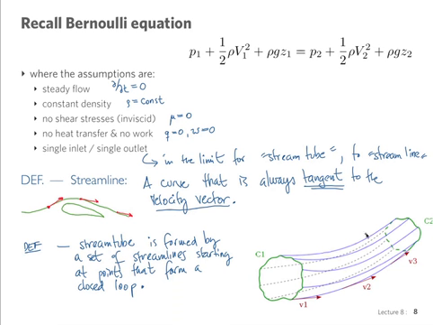Each one of these blue lines in the cartoon, or the dashed lines in the back of this element of fluid that has this tube shape, each one of those lines is a streamline.